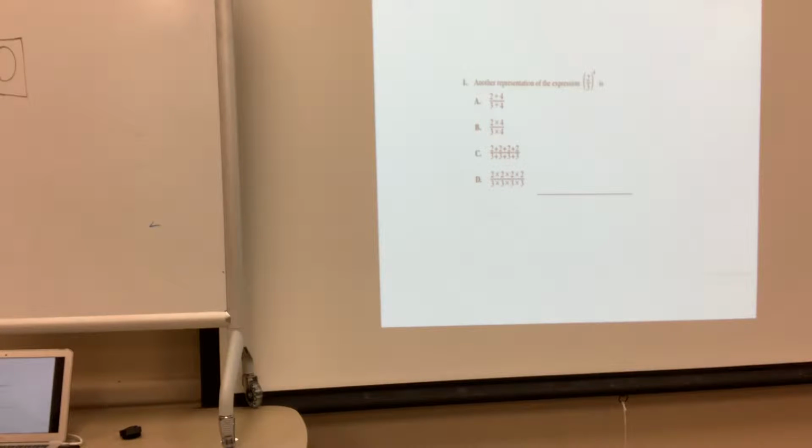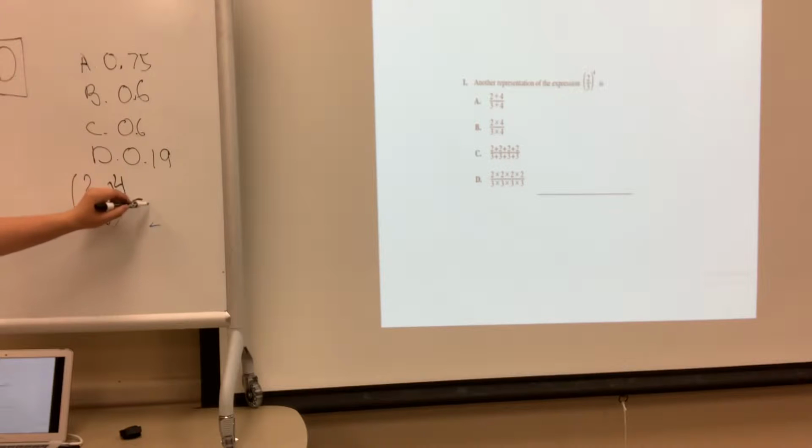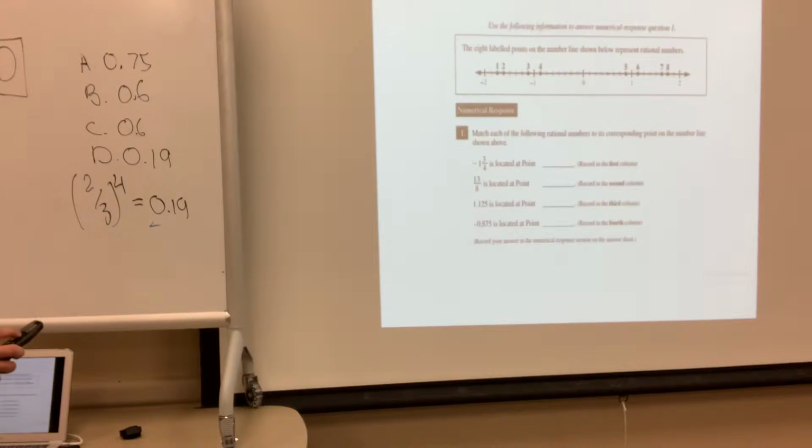I think A was 0.75, B was 0.6, C was also 0.6, and then D was 0.19, and 2 over 3 to the power of 4 is 0.19. So we use sort of a validation just to make sure that we're right, but this question was pretty quick. Is that one okay? Pretty simple. Let's go to the next one.